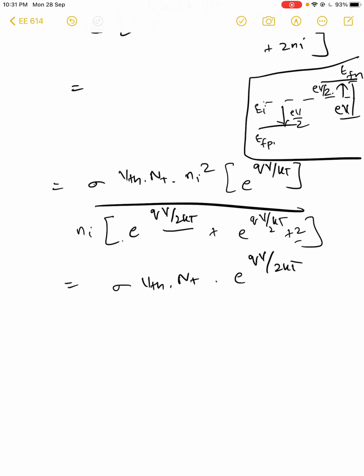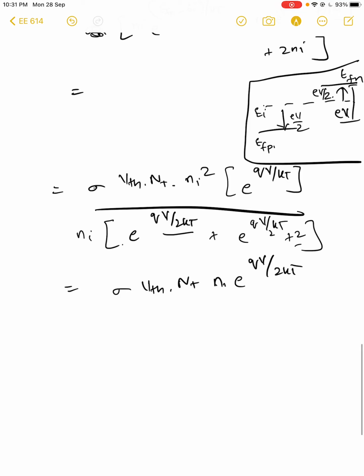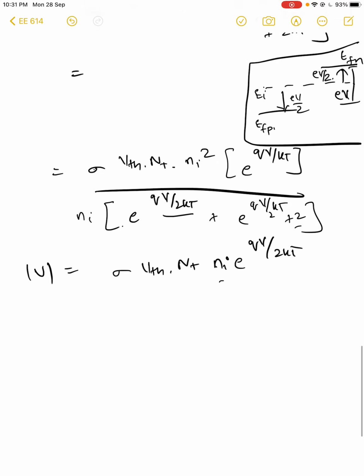And ni cancels ni, and I have just one ni. So this is the actual recombination rate. You can see that the recombination rate again is proportional to ni and proportional to the applied bias. Now this is a very crude way of calculating the recombination rate.